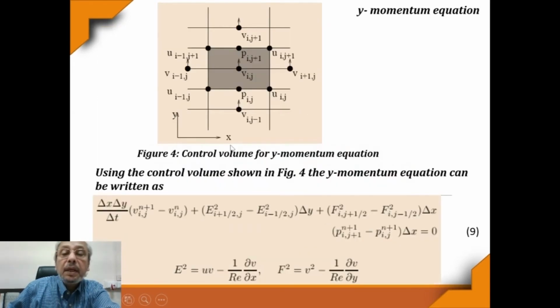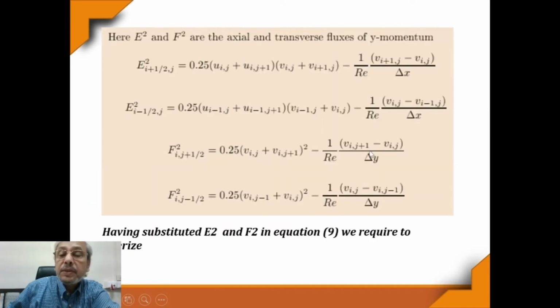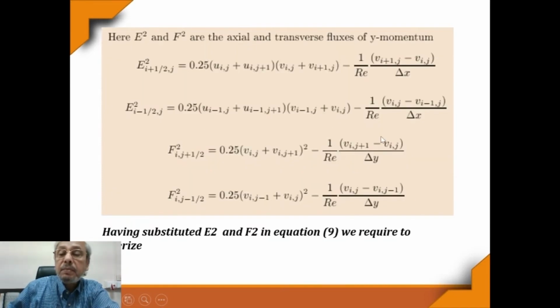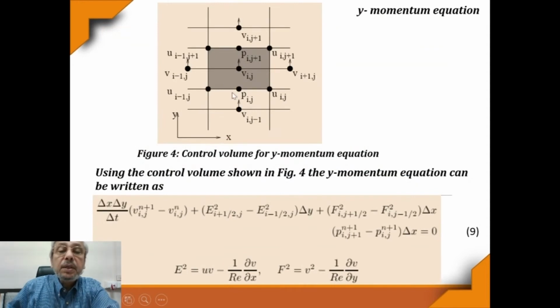And then again we have to see what is 1 by Re del V del Y here. 1 by Re del V del Y will be Vij plus 1 minus Vij divided by delta Y. So this is how, again it is straightforward to find out F2 at this point.